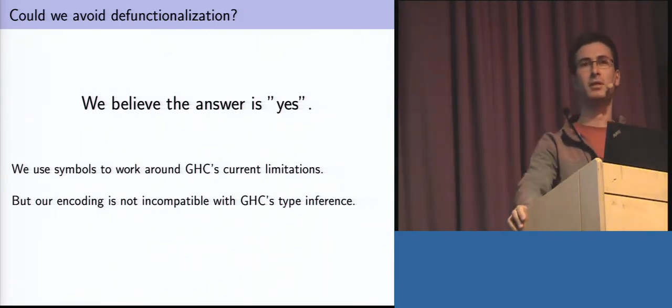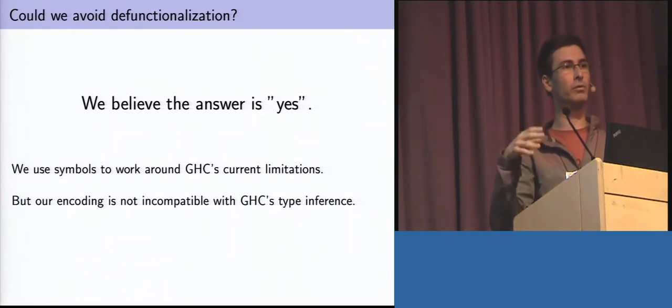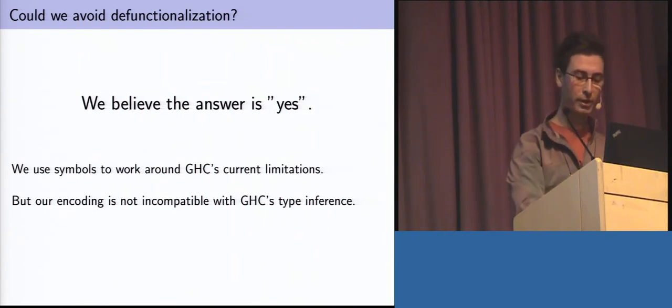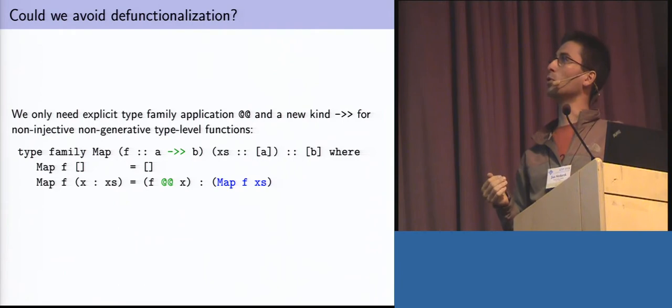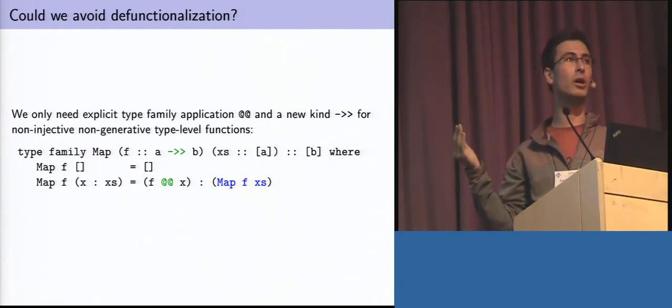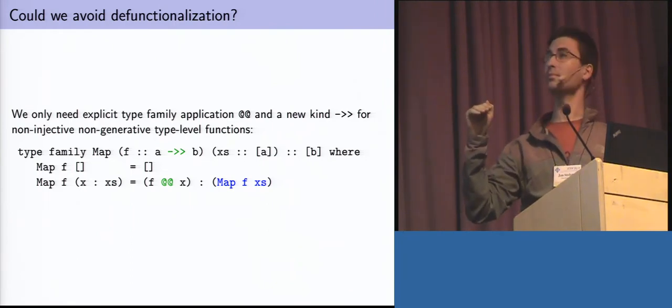So what we believe is that it is possible to have all of this explicit encoding go under the hood in GHC. And the only things that would be exposed to the programmer would be this new kind of type families, because we need a new kind, since type families are neither generative nor injective, and the apply operator.